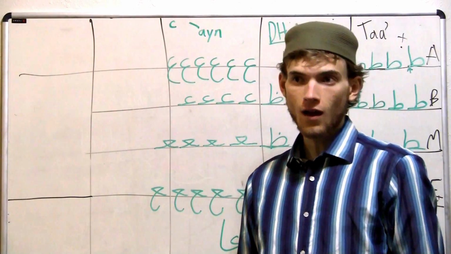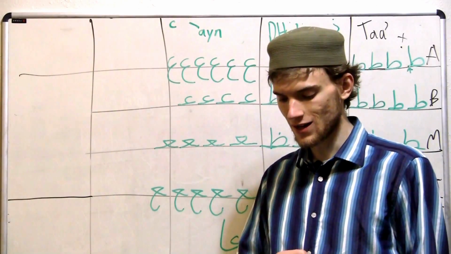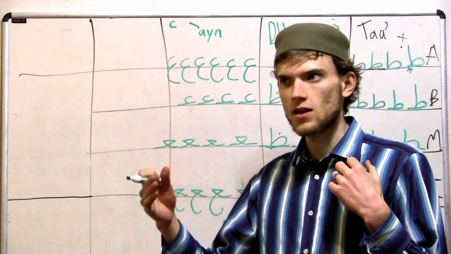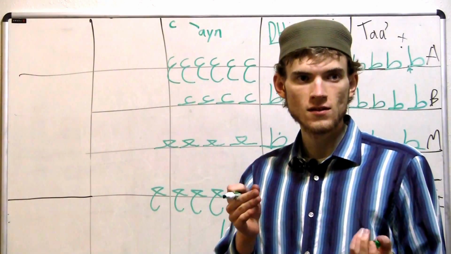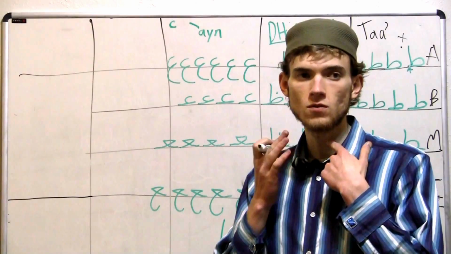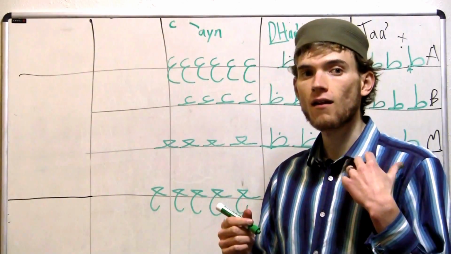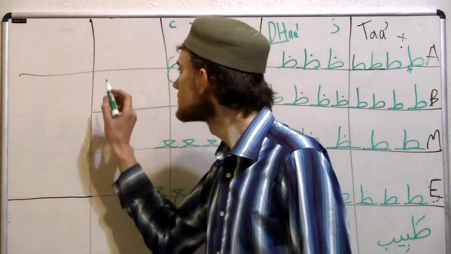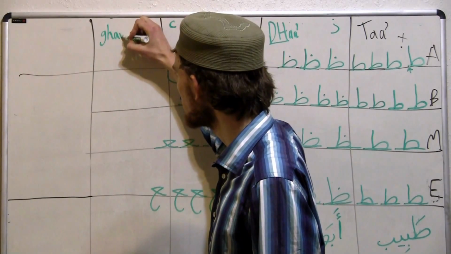Now, just like how we talked about the difference between ha and ʿayn, tha and dhal, ta and dal, one without the vocal cords, one with the vocal cords, that's the same difference now between ḥā and our next letter, ghayn, usually transliterated as GH.